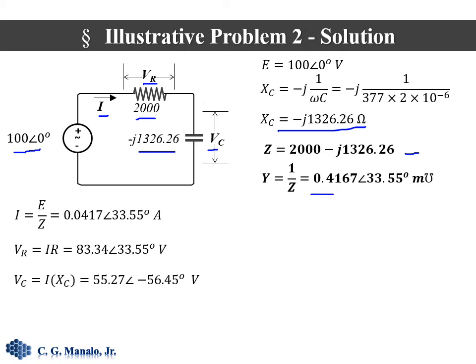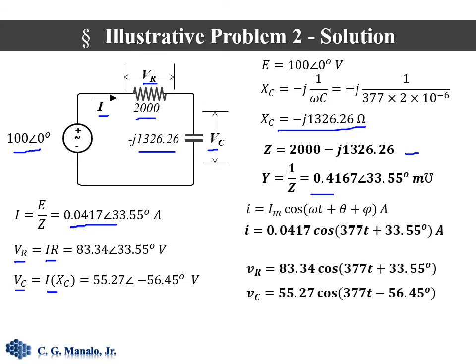Now that we have the impedance, we can compute the current in phasor form, and also V sub R and V sub C. Notice the usage of uppercase letters since we're dealing with phasor quantities.